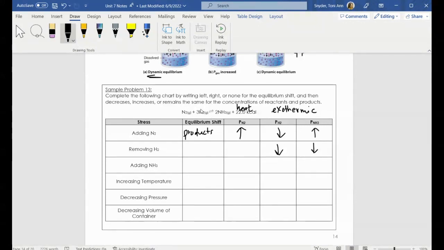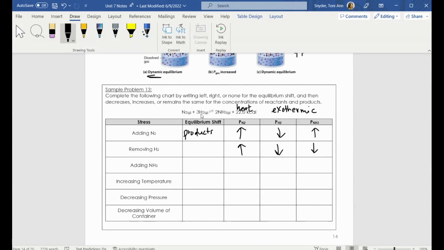And if I have less hydrogen, that actually means my concentration of nitrogen will be higher. And that's because there's nothing for the nitrogen to react with. So because there's nothing for the nitrogen to react with, then of course that concentration or that partial pressure is going to be higher because there's more of it there. It's not being reacted with anything.